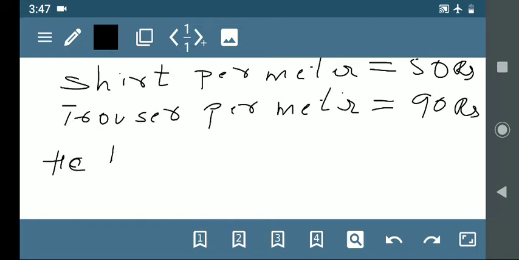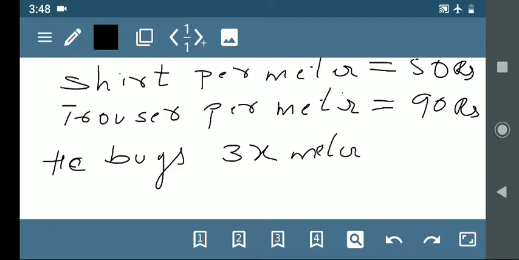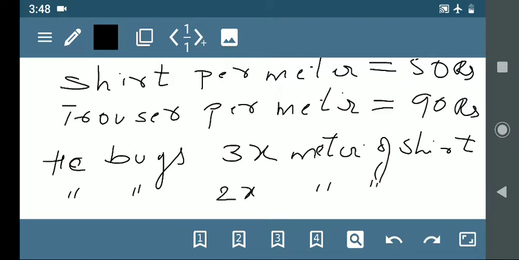He buys 3x meters of shirt cloth, and he buys 2x meters of trouser material.